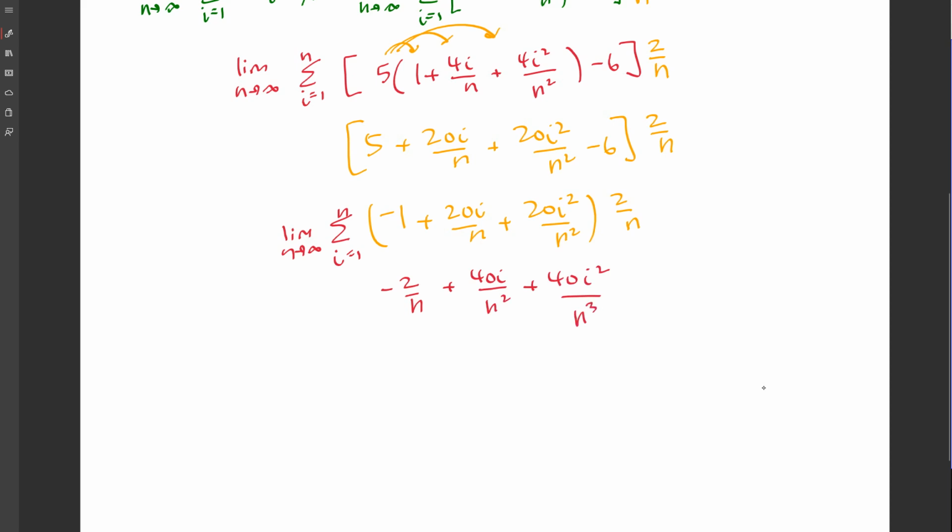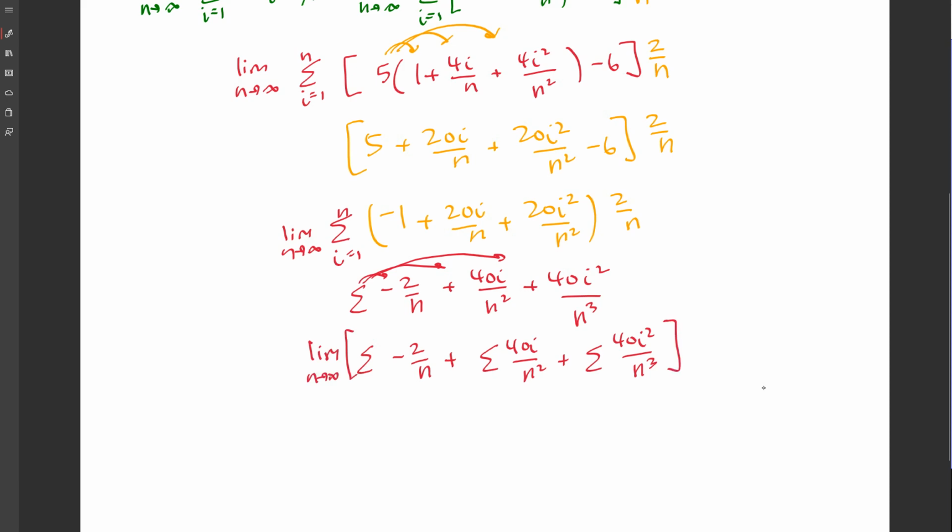All right, and this is a summation, but remember the summation distributes, like an integral sign. It's like a buy one get one free. So this will be the sum of negative 2 over n plus the sum of 40i over n squared plus the sum of 40i squared over n cubed. This will be the limit as n goes to infinity of this entire thing. Remember that this negative 2 over n is just a constant.